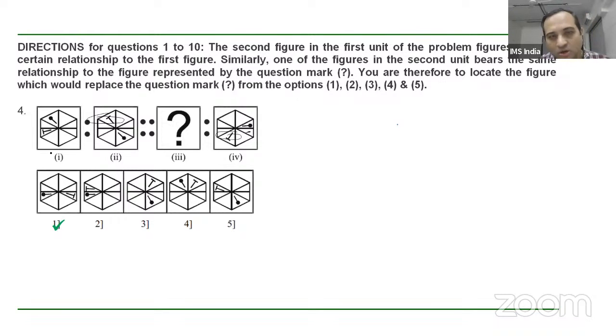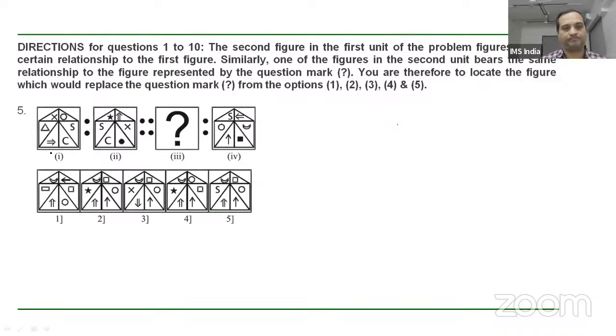Let's move on to the next one. Okay, Siddhi, good enough.